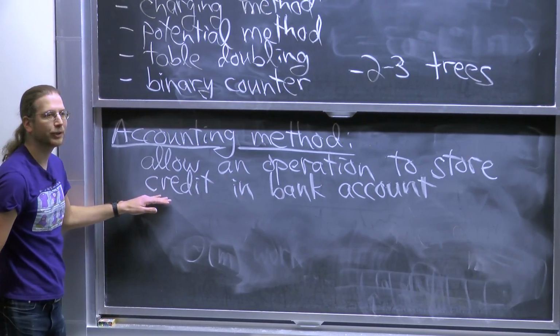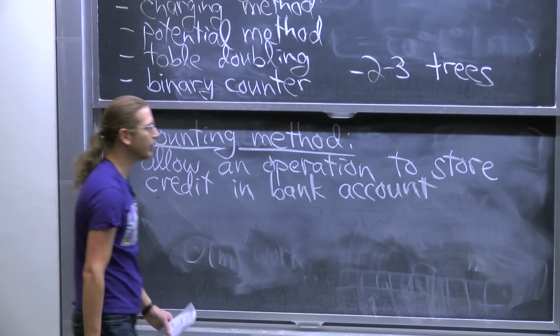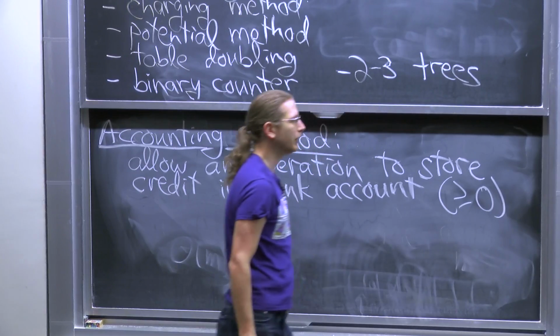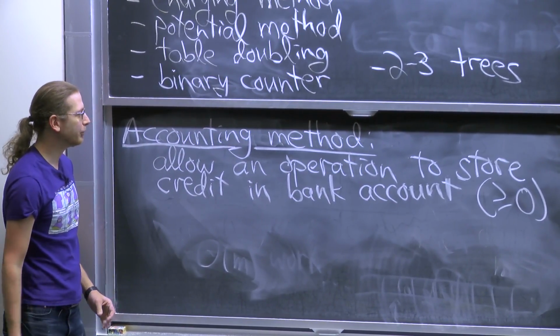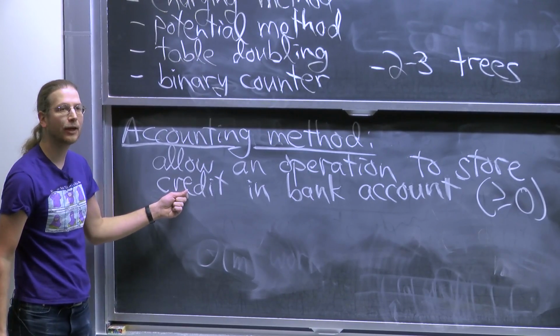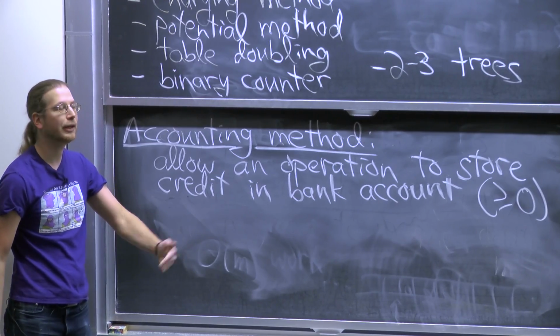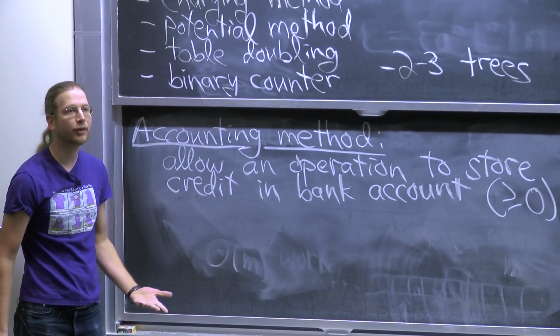Credit's maybe not the best word, because the bank account is not allowed to go negative. The bank account must always be non-negative balance, because otherwise your summations won't work out. When you store credit in the bank account, you pay for it. It's as if you're consuming time now in order to pay for it in the future. And think of operations costing money.